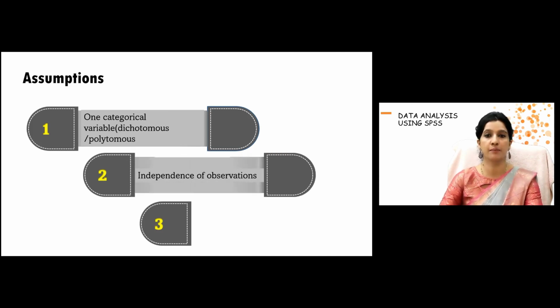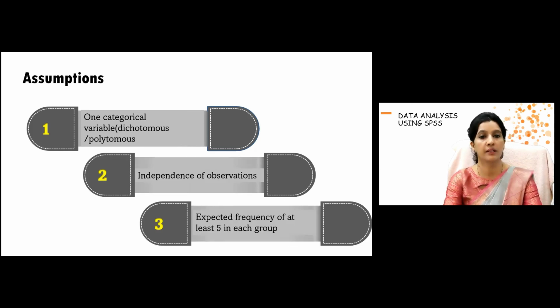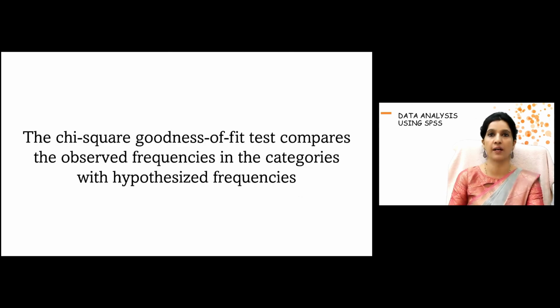The second assumption is that it should have independence of observation. This is the same concept which you have seen in the chi-square test of association, that if you have counted one person under one category, he should not be counted under another category. The third is the same as we have done earlier, that the expected cell frequency in each cell should be at least 5.